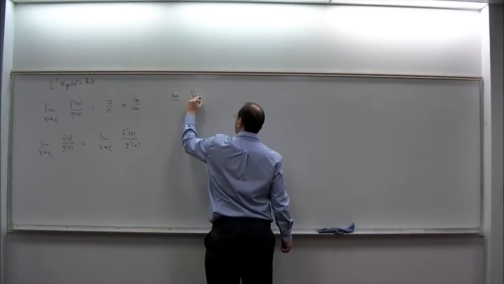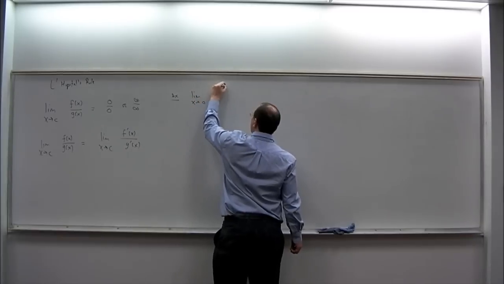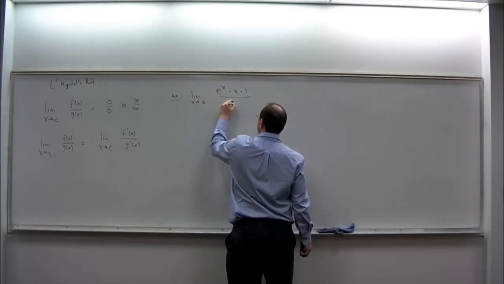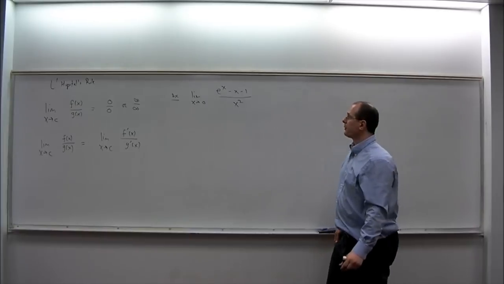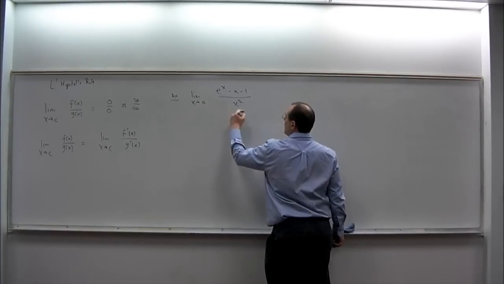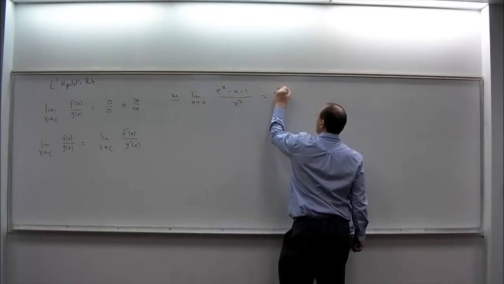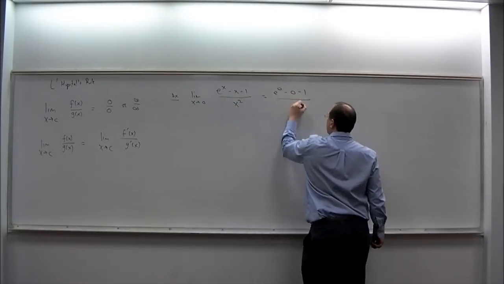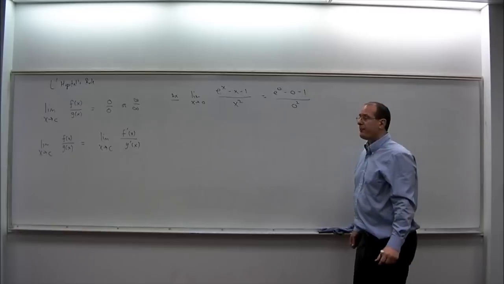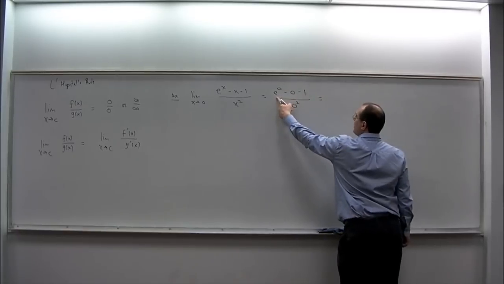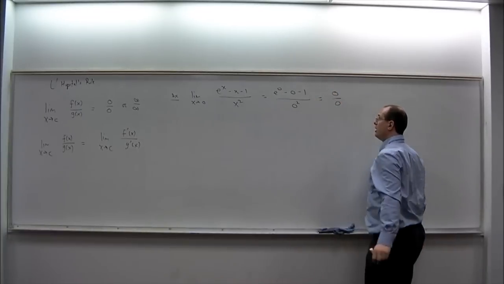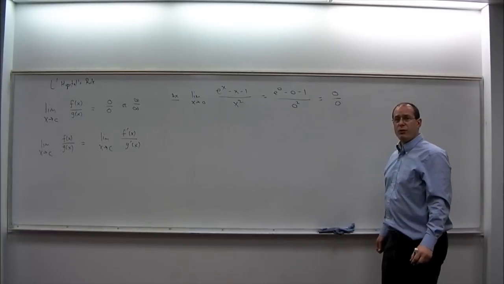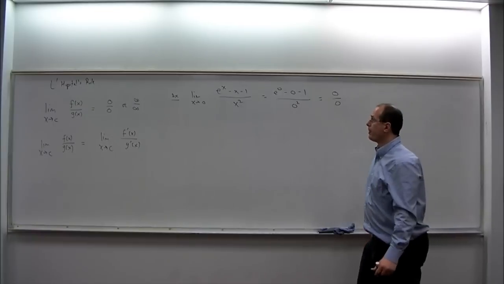Let's say we're trying to calculate the limit as x goes to 0 of e to the x minus 1 divided by x squared. If we plug in x equals 0, we get e to the 0 minus 1 divided by 0 squared. Since e to the 0 is 1, the numerator is 1 minus 1, which is 0, and therefore we have the form 0 over 0.